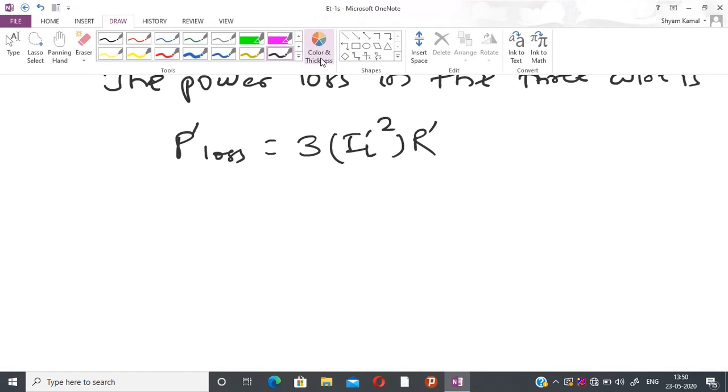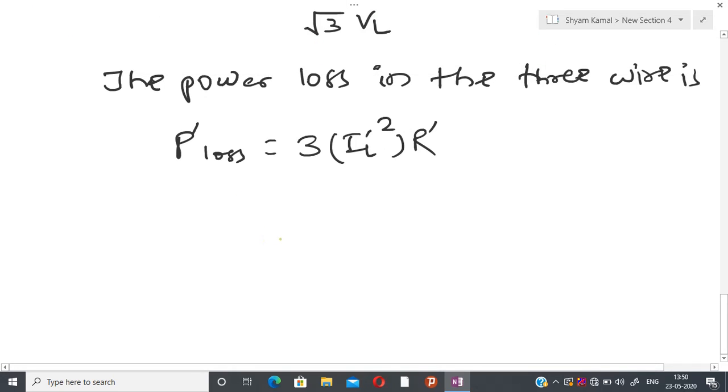Now you can see here that I am also able to write IL from the above expression like PL square by 3 VL square.